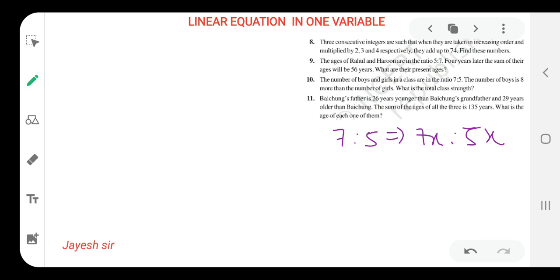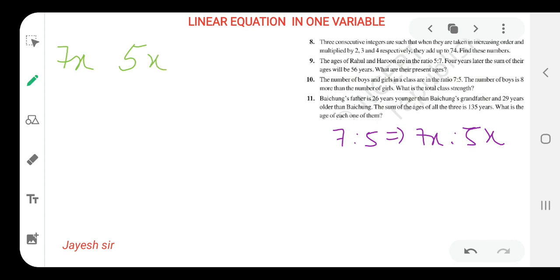Now as far as your exam or your basics are concerned, we'll do it by that method. Yes friends, 7x and 5x, this is boys and this is girls. Now what is to be said?